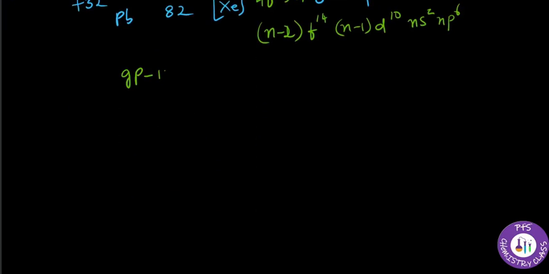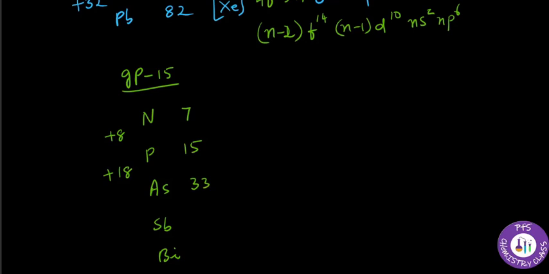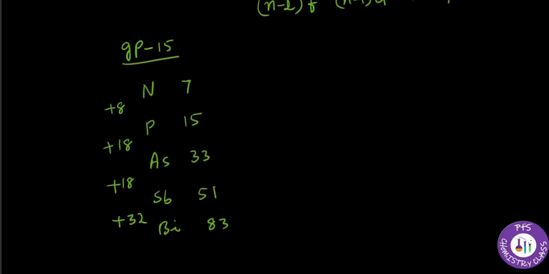So group 15, the nitrogen family: N, P, As, Sb, Bi. Nitrogen is 7, plus 8 is 15, plus 18 is 33, plus 18 is 51, plus 32, you will have 83. 83, then what you have to do?